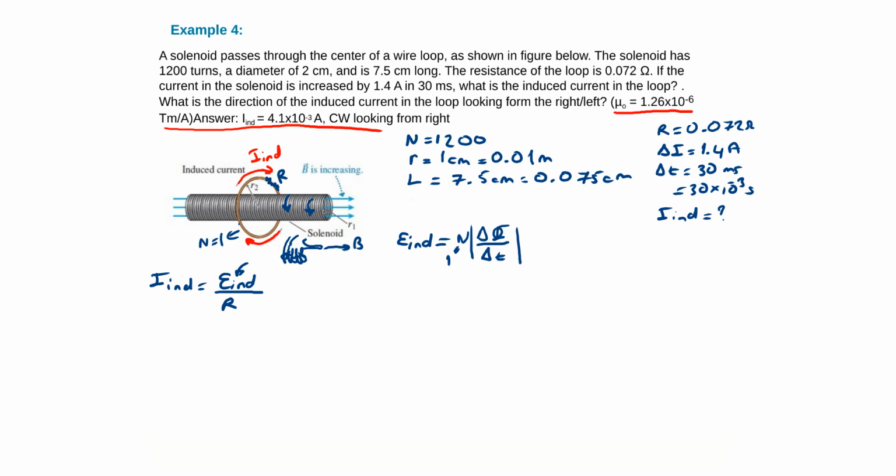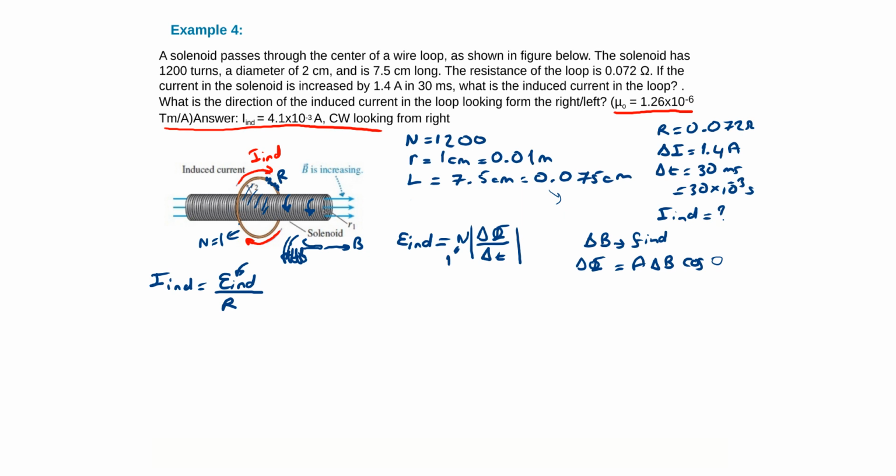How do I find delta phi? I'm going to find delta B. Apparently the B is changing. B is changing because current is changing here, right? I'm going to find delta B, and I'm going to say delta phi is equal to A times delta B times cosine 0 in this case, because notice this is my area.